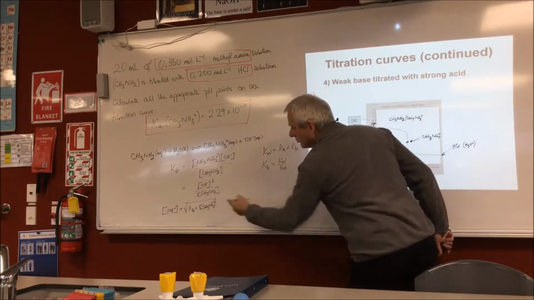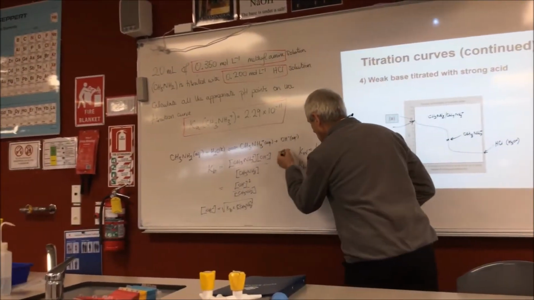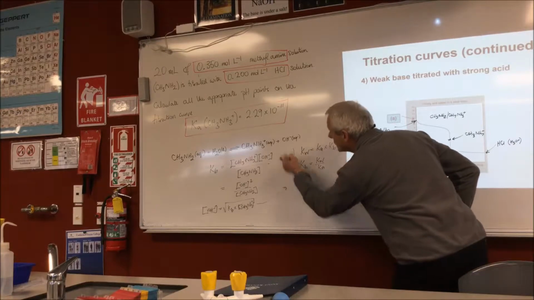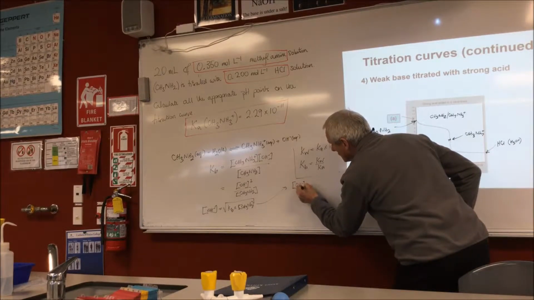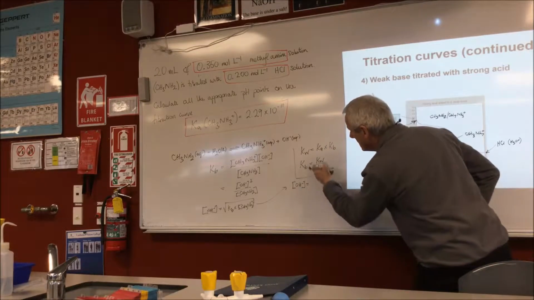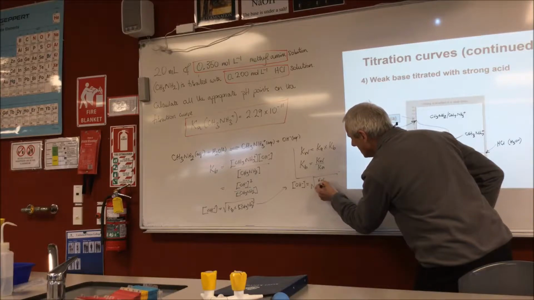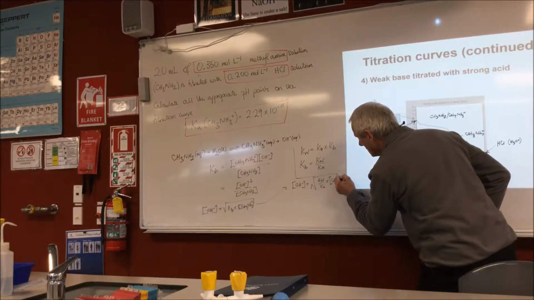So we can now substitute that into our expression here. So now bring this up over here. I get the concentration of OH-, which is what we want, is equal to the square root of Kb, which is Kw over Ka, times the concentration of the base. And someone could calculate that for me, please?